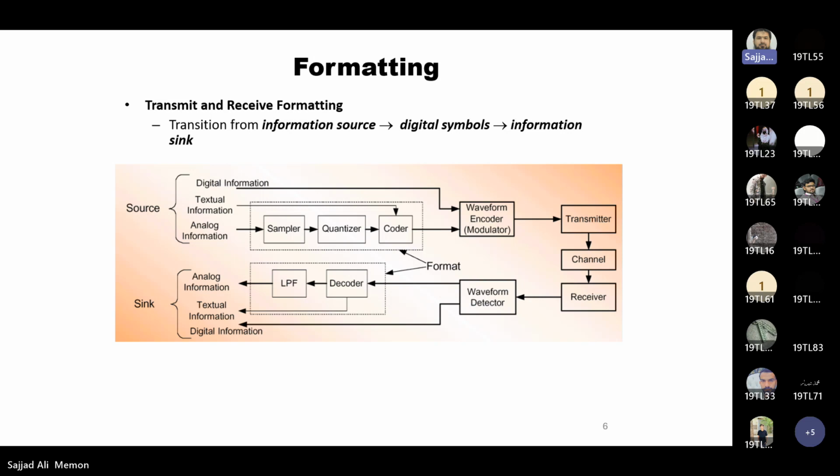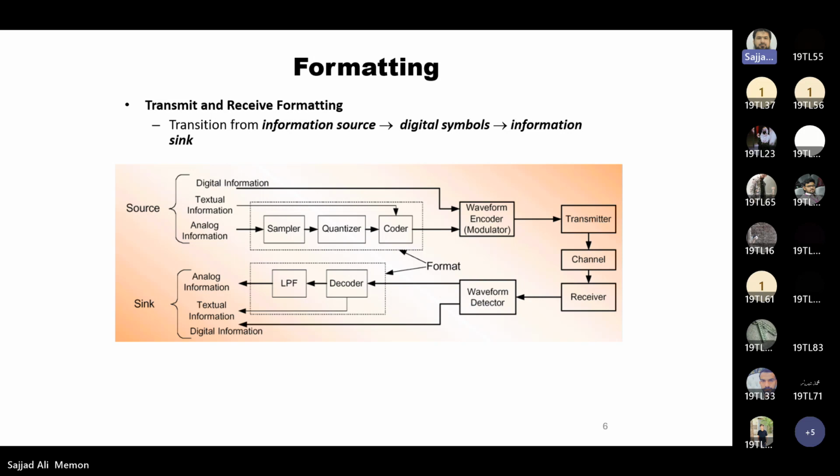So for three different sources, we have three different processing steps. As you can see, the best one, if we have the digital information, then no need of coding or conversion is required. You just need the modulation before the transmission, and the transmitter can be an antenna or can be any other device depending on the type of communication you are using, whether it is wired or wireless.